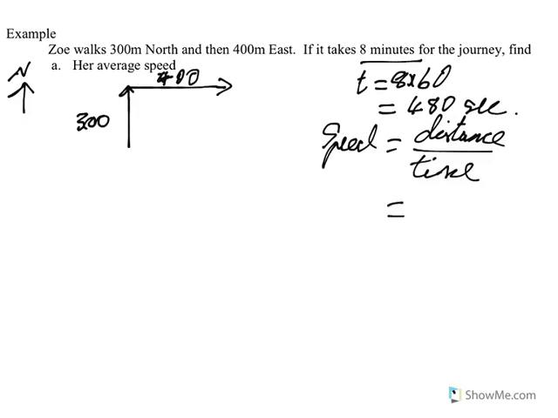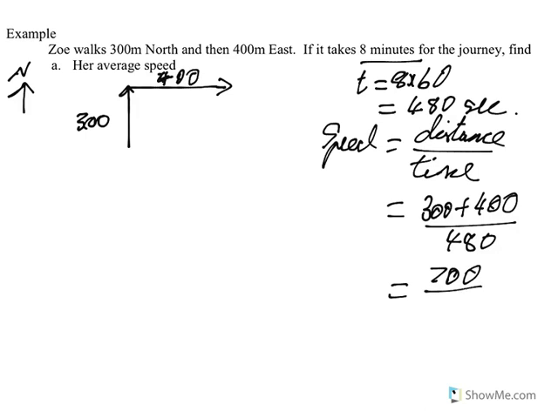She actually walks 300 plus 400, which is 700, in 480 seconds. When you do that on your calculator, you get 1.46, and the units are metres per second.